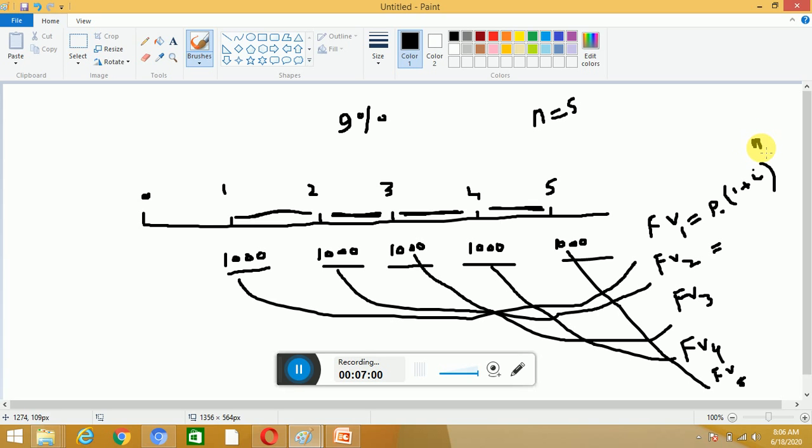Here it will be n minus 1, means 5 minus 1, 4 times.